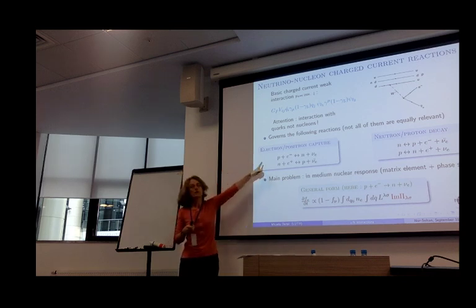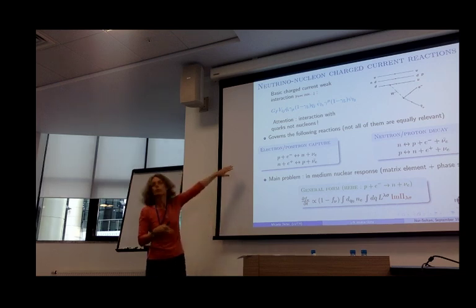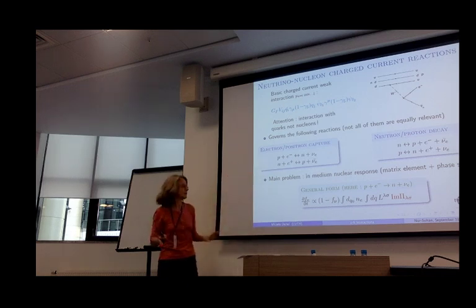Of course, all these reactions are not equally important under the different thermodynamic conditions, but if you calculate the reaction rates, you can do all of them in the same manner.